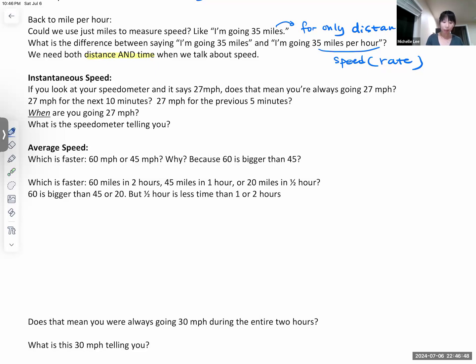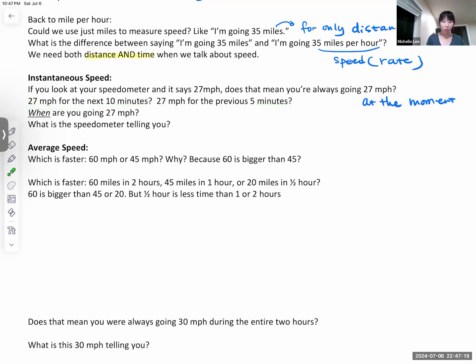No. At the moment, the speedometer says 27 miles per hour. Is it 27 miles per hour for the next 10 minutes, or for the previous 5 minutes?